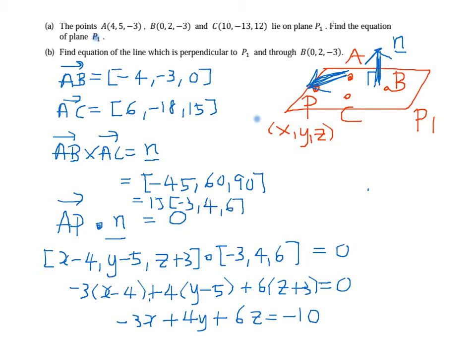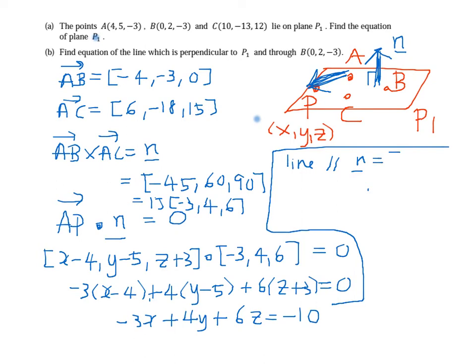Since they say that the straight line is perpendicular to P1, in other words, the line is parallel to the normal, isn't it? Right? And so you can say that the line is parallel to the normal. We'll just take -3, 4, 6. You don't need the 15 because it will be the same. So you can take this as a direction vector of the straight line.